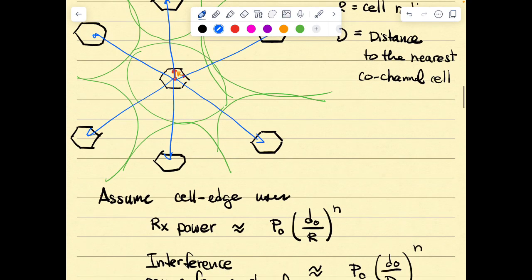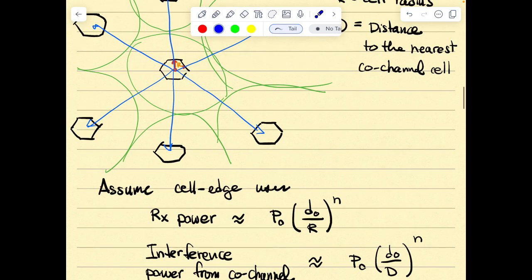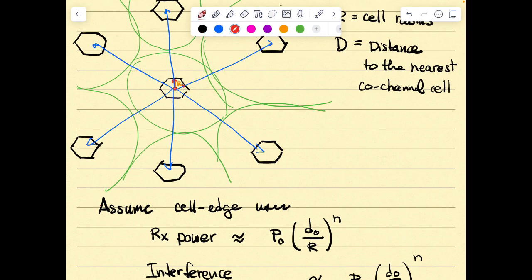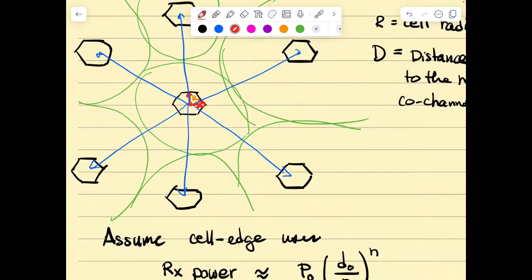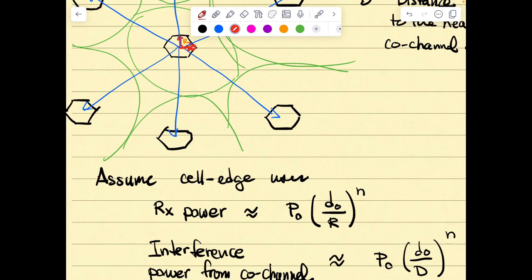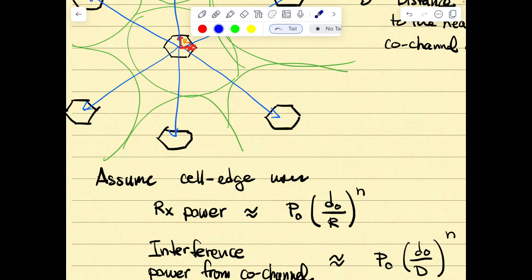Now, as we studied earlier, we assume that users are at the cell edge. If we have a user right here, the user will receive power from the intended base station, and the power will be reduced because of the distance. We can approximate the received power of the cell edge user as P0, the power at the reference distance D0, times D0 divided by R, raised to the power of n.